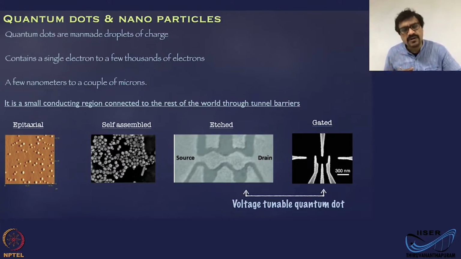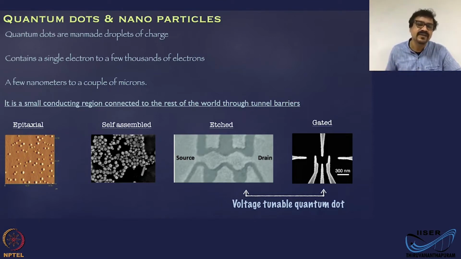When we talk about quantum dots, you can roughly say that it's a small conducting region connected to the rest of the world through a thin insulating region, or in electrical transport language, through tunnel barriers.